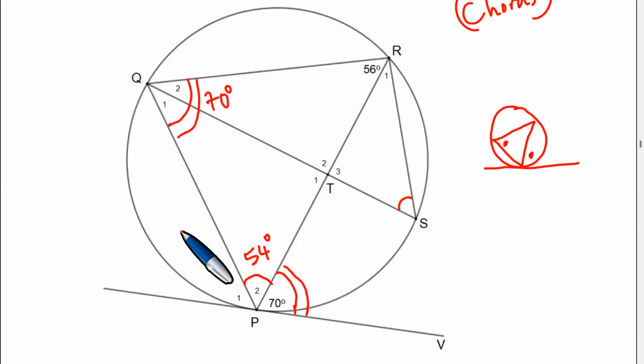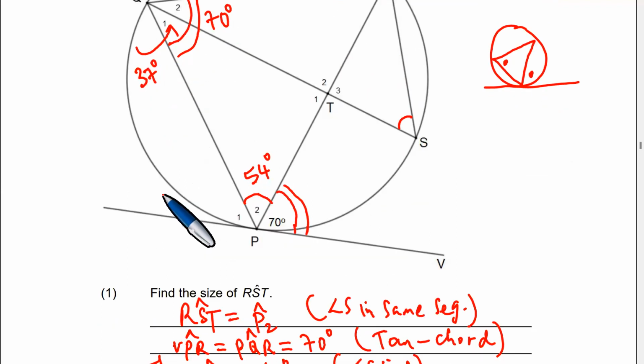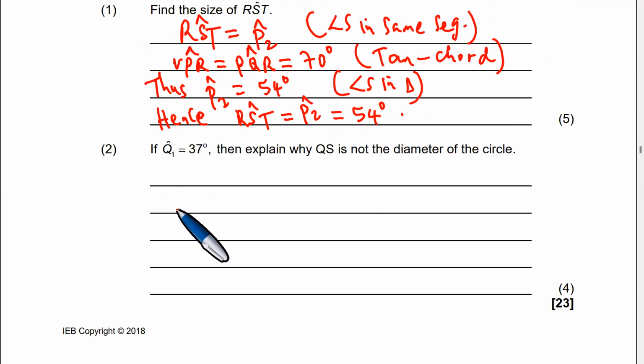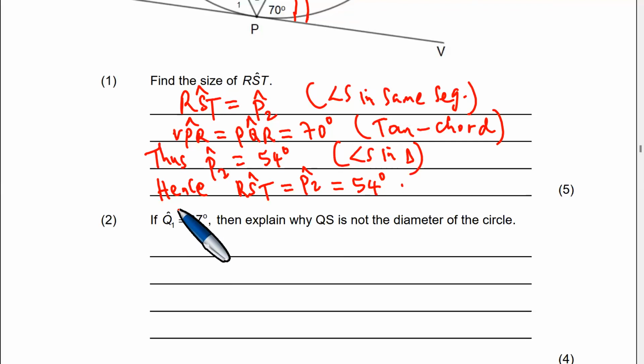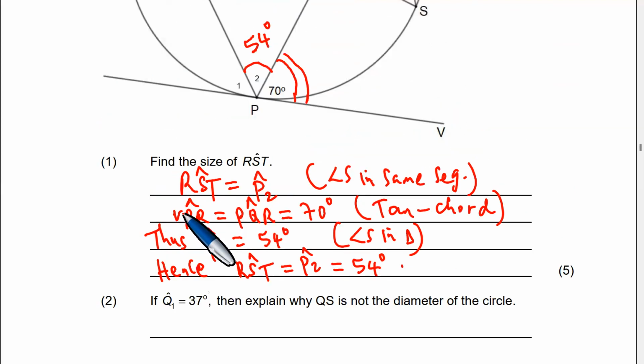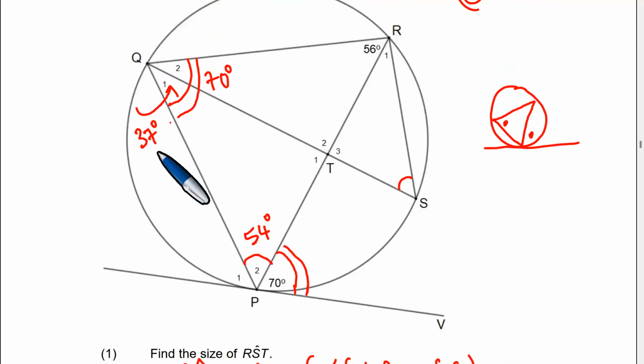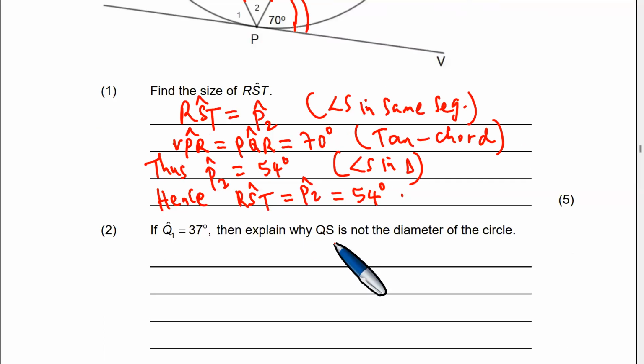In other words, this one here, Q1, is 37 degrees. Then explain why QS is not the diameter of the circle. So there it is, and now let's explain why QS is not the diameter of the circle.